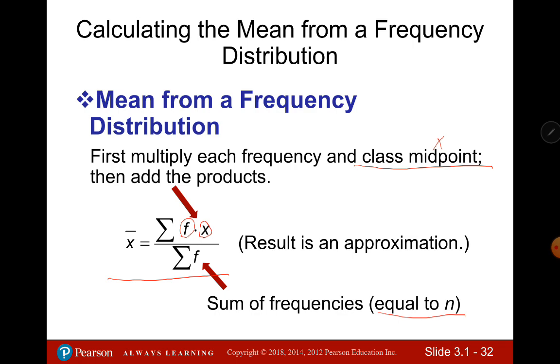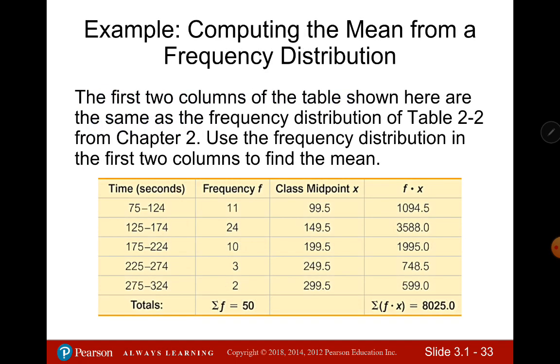When we cannot get the exact data values, we pick this way. If we can get the data values, of course we choose the exact x bar. So this just shows you the example. How can we get the x bar from a frequency table?